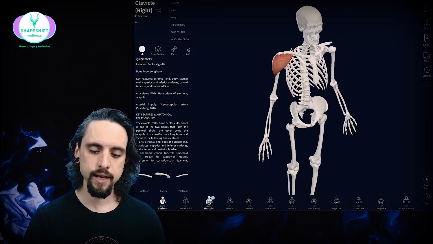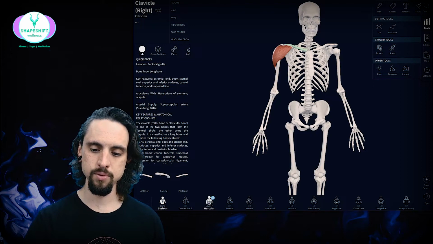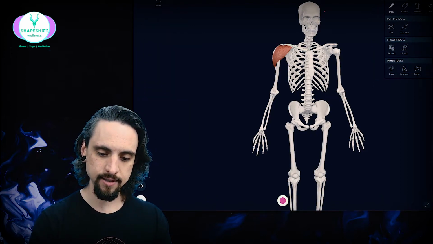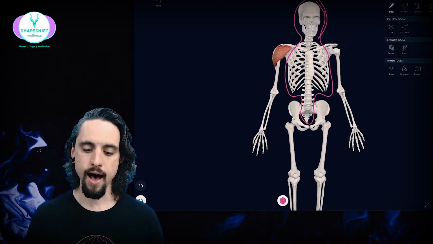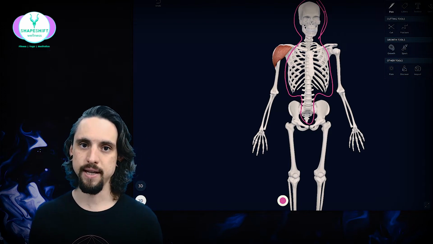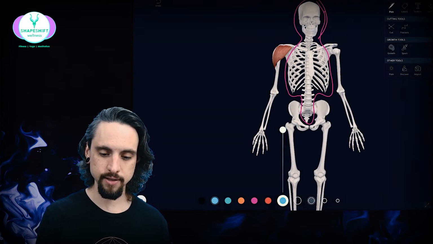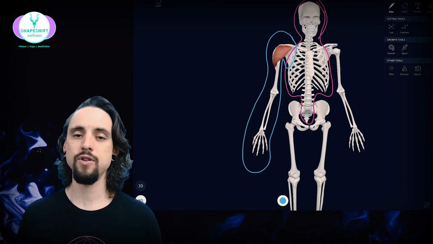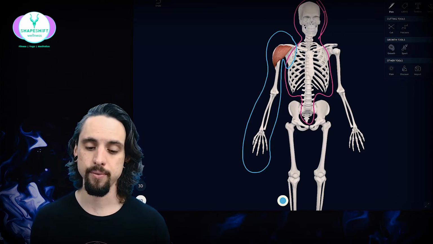Basically, I want to make a distinction real quick so that you understand some terms. If we look at the axial skeleton, it's all this stuff. The rest of it is the appendicular skeleton, meaning appendage, so your limbs, basically.